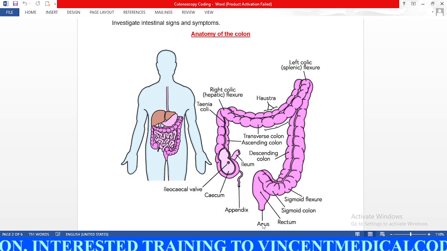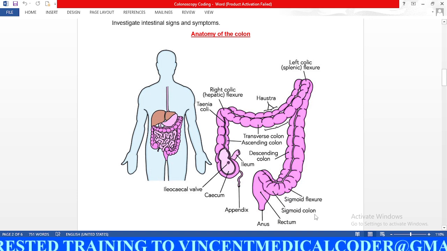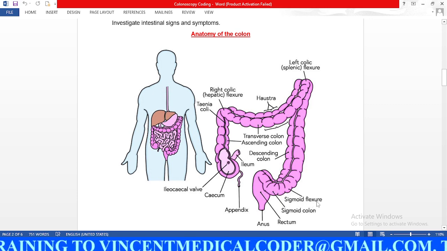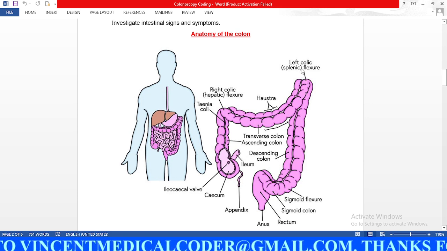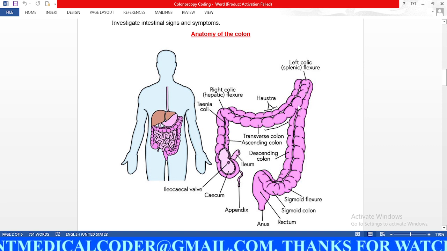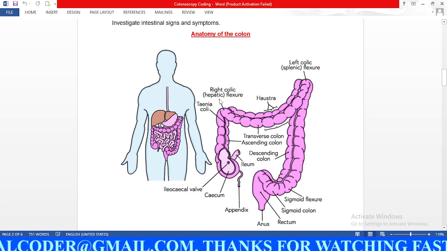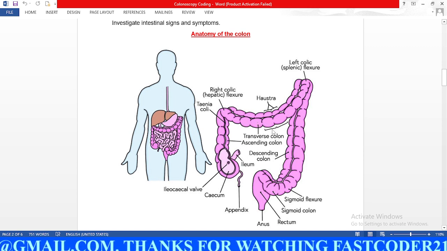First we have the anus, then the rectum, then the sigmoid colon. After the sigmoid colon we have the sigmoid flexure, then the left colic flexure or splenic flexure, then the haustra, and the transverse colon.